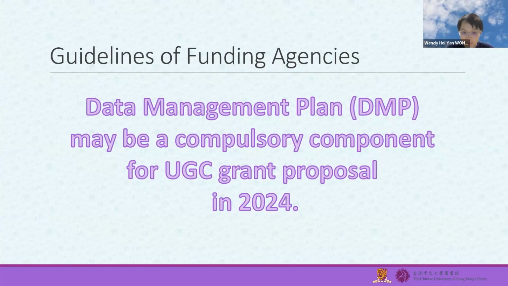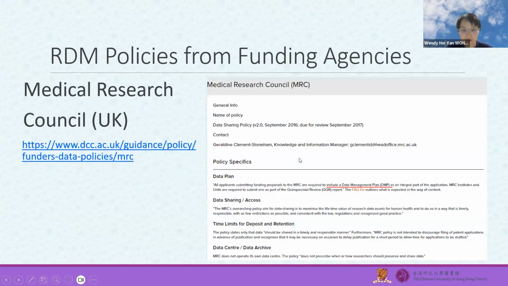So they think you, as a researcher, are trained to do some data management work on your research project, and they are thinking of implementing this requirement in next year's grant proposal application. Please keep an eye on any updates, and we will keep you posted.